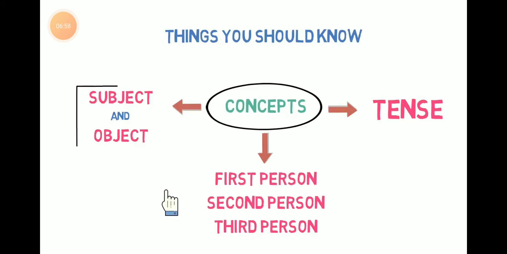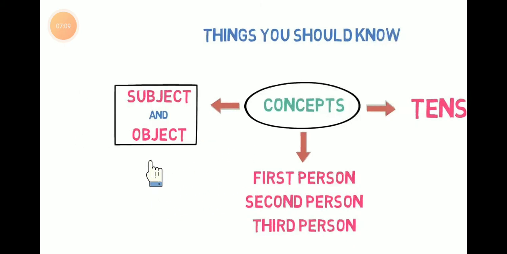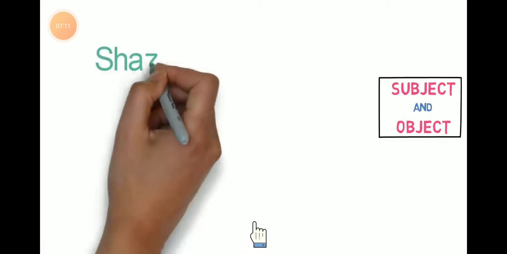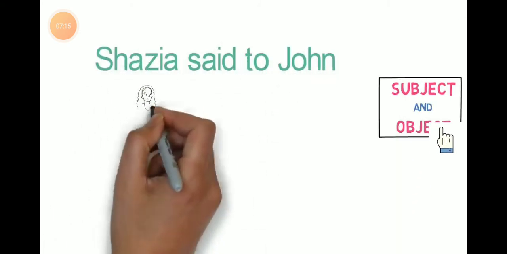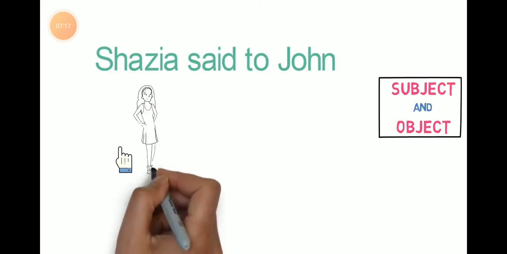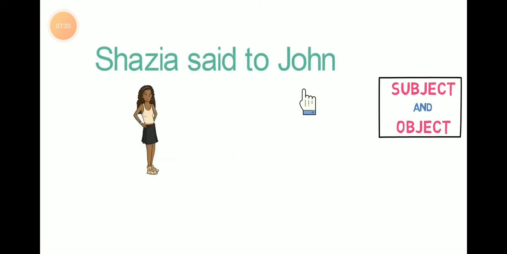So again repeating, first one is subject and object. Every sentence has its subject and object. Subject may be in the sense of plural, and object is what the subject does. Understood? So here let's discuss subject and object. Here, Sazia said to John.